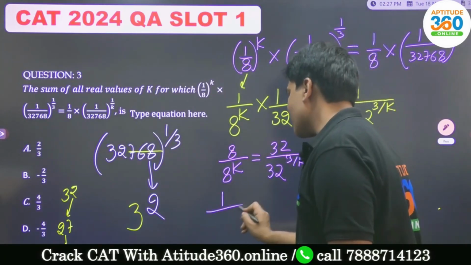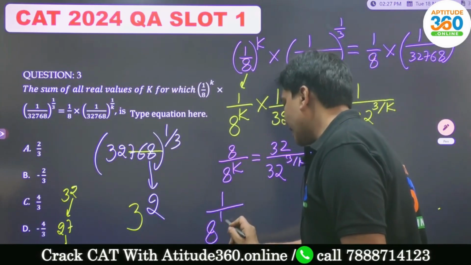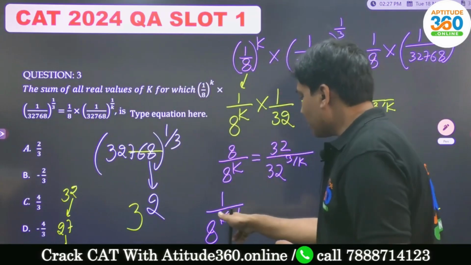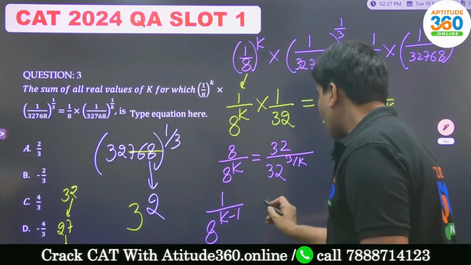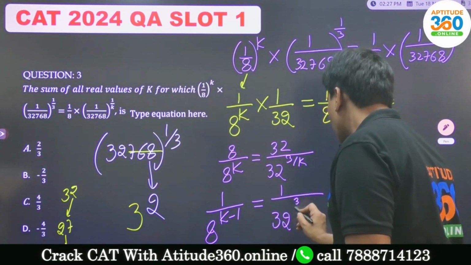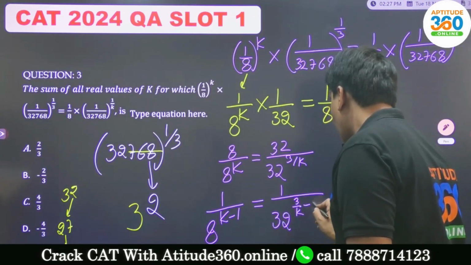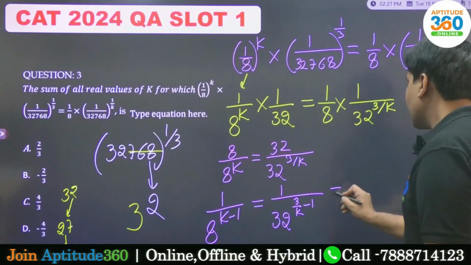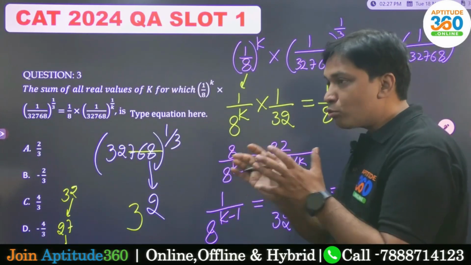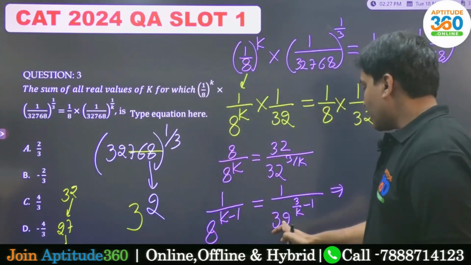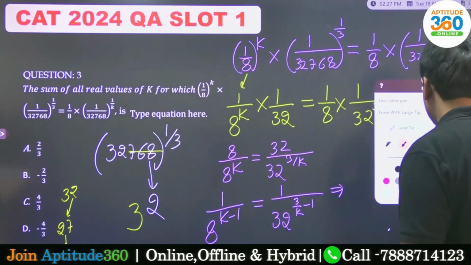Or we can write this as 8 raised to k minus 1. When 8 goes into the denominator, it will become 8 raised to k minus 1, and then this number over here will become 32 raised to 3 over k minus 1. And then since we want to do the comparison, 8 can be written as 2 raised to 3 and 32 can be written as 2 raised to 5.